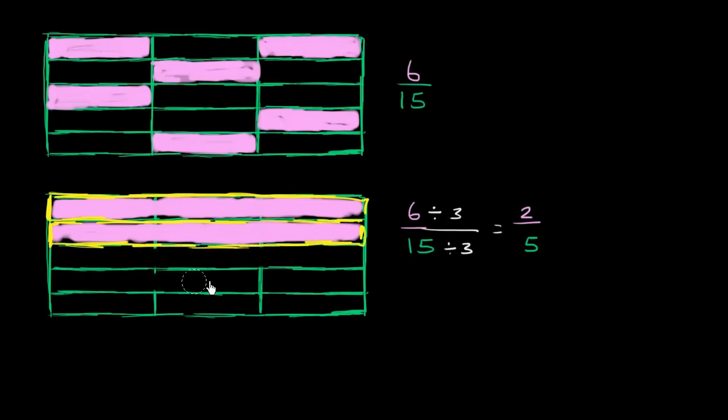This is another section of 3. And then this is another section of 3. So notice you're covering the exact same area of the original thing. You're covering 2 out of the 5 equal sections. So 2/5 and 6/15 are equivalent fractions. So if you want to say what fraction of this is covered in the simplest form, you would say 2/5.